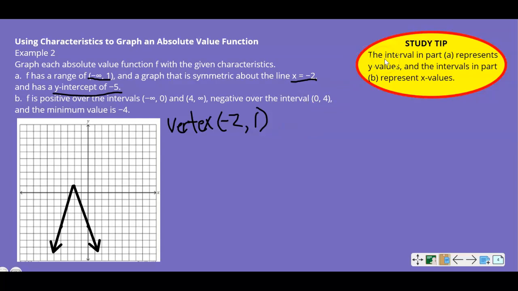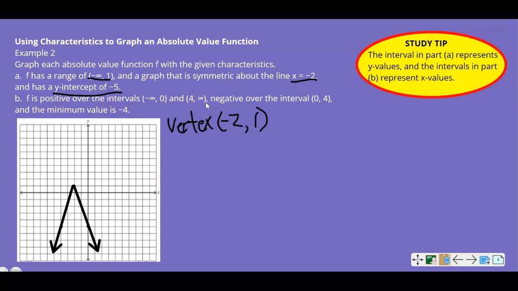All right, a study tip. It says the interval in part A represents the y values. Why? Because it says the range is this, okay? In B part, the interval is your x values. It says f is positive over the intervals this and this.